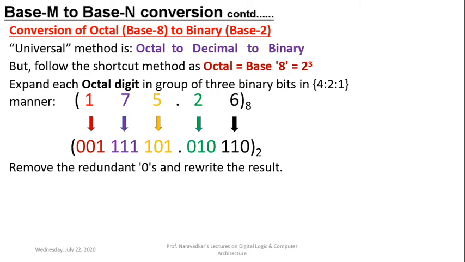So we can remove it and rewrite. Here is that corresponding result. It is 1111101.01011. So that way conversion of octal to binary can be carried out in a shortcut manner. You can verify this particular answer by converting that octal into decimal and then decimal to binary. You must get the same answer which is shown here.